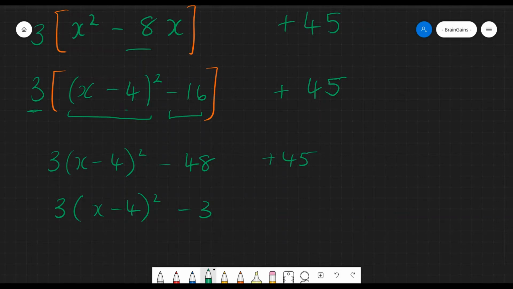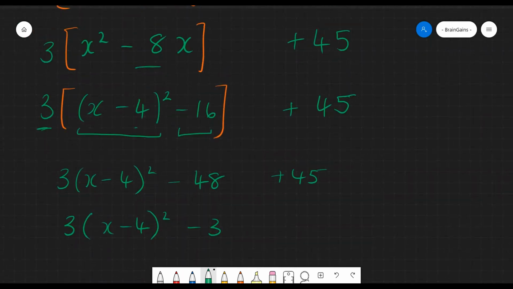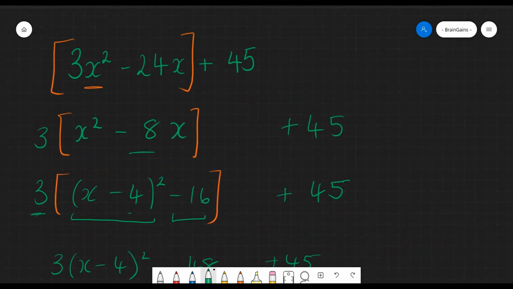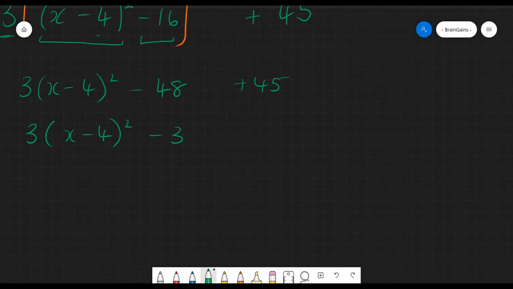Now, one of the uses of completing the square for quadratics is to find the turning points of a quadratic. In this case, our quadratic is a U-shape. So for this quadratic, what we would be doing is finding the minimum point. How you would do that is, first you look at the constant within your bracket, and you take the negative of that constant.